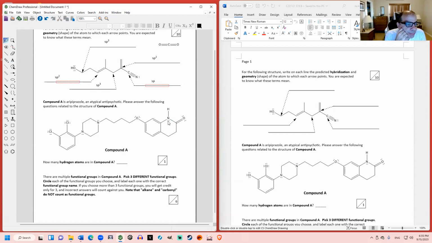The next compound is a bunch of functional groups, and so we'll be identifying functional groups. First of all, how many hydrogen atoms are in compound A? Well, we can count. 1, 2, 3, 5, 7, 9, 11, 13, 15, 17, 19, 20, 21, 22, 24, 26, and lastly, the one in the nitrogen makes 27.